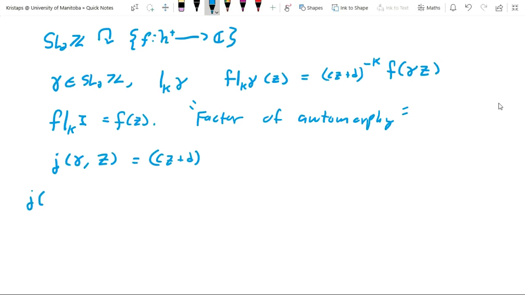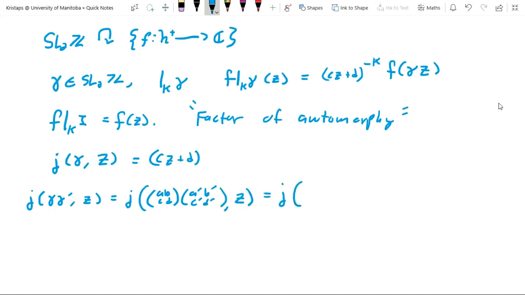So if I have two matrices gamma and gamma prime, the factor of automorphy for gamma gamma prime at z, well, writing out the entries of this matrix, we have a, b, c, d multiplied by a prime, b prime, c prime, and d prime. And multiplying these out, given our definition of the factor of automorphy, I'm really only concerned with the bottom entries here.